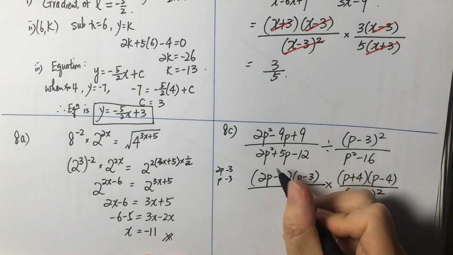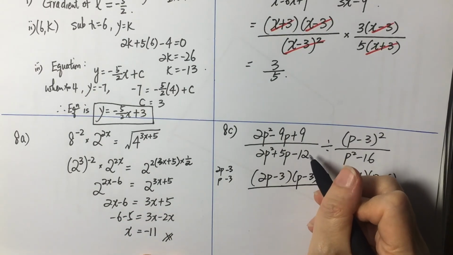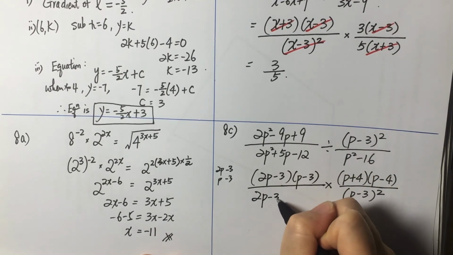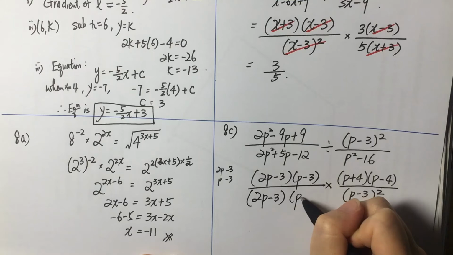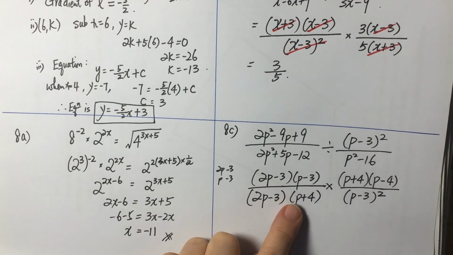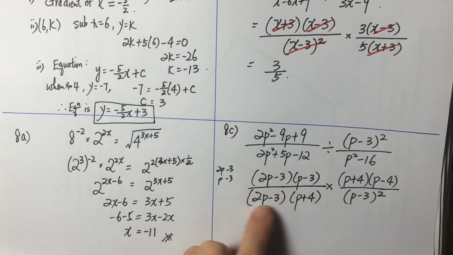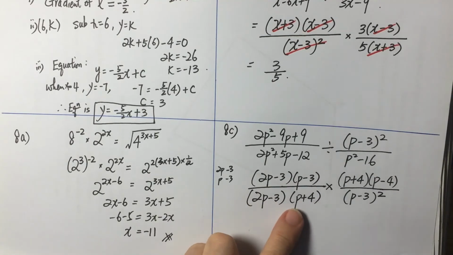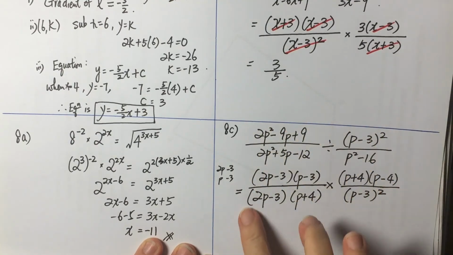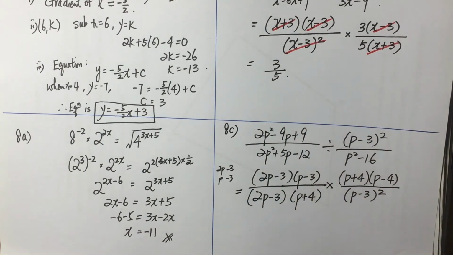Same for the denominator. The 12, I break it to be 3 and 4. So I have (2p minus 3) and (p plus 4). Can you see that when I times this with this, negative 3p and 8p, so 8p minus 3p is 5p. Okay, so this whole expression is the same as this expression.